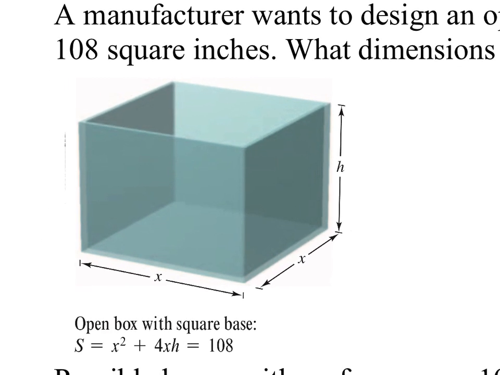First of all, with the picture, notice if I have a square base, we could call it x by x for our square base. And then we have the height as well. How tall are we going to make this box? And notice the top is open here. That kind of a detail is very important to recognize because it said that we want the surface area to be exactly 108.